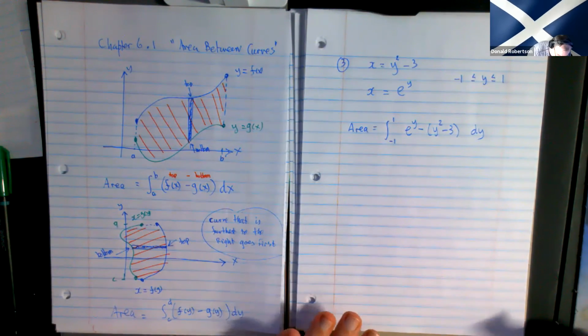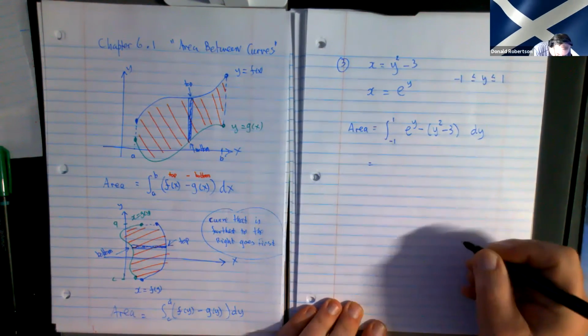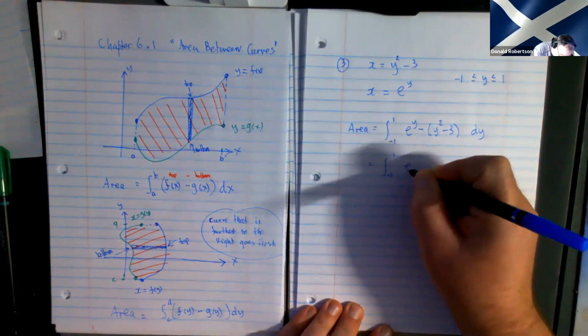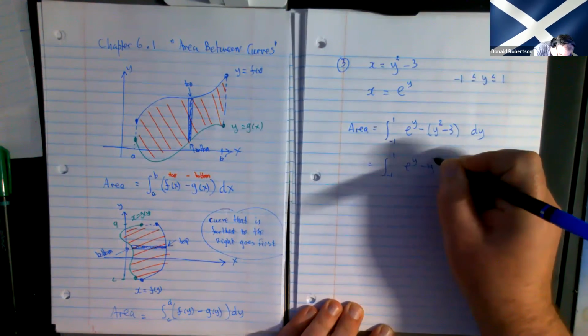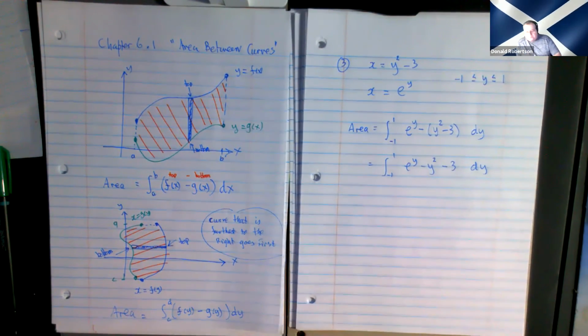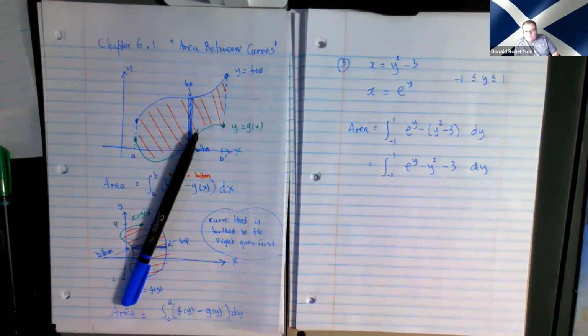And I am now about to do a deliberate mistake. This is the integral of e to the y, take away that guy, take away 3 dy. Deliberate mistake. What did I go and do wrong?